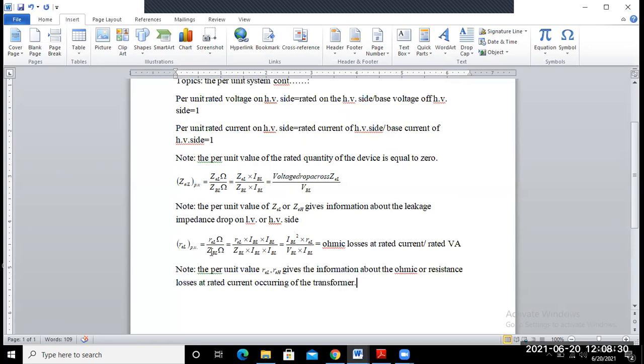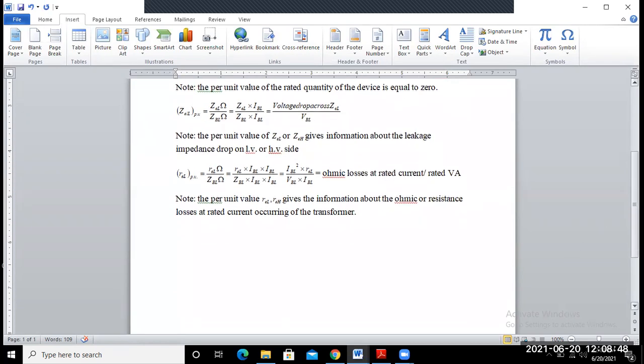And the per unit resistance value gives the ohmic losses of R_EL or R_EH, that means the resistance losses that occur at the rated current of the transformer, okay.